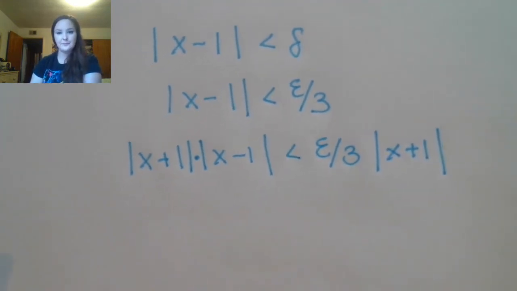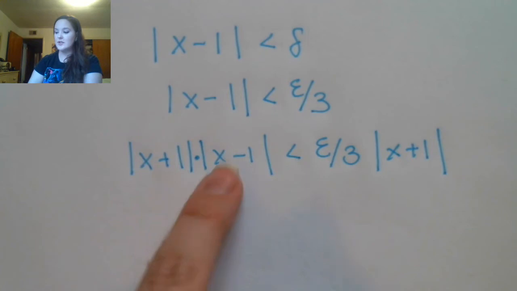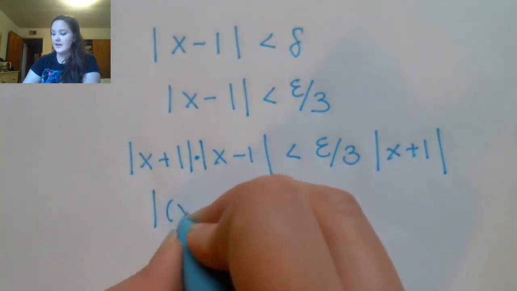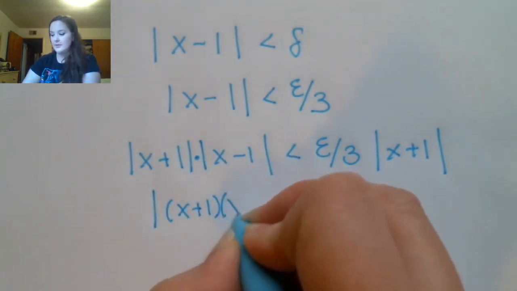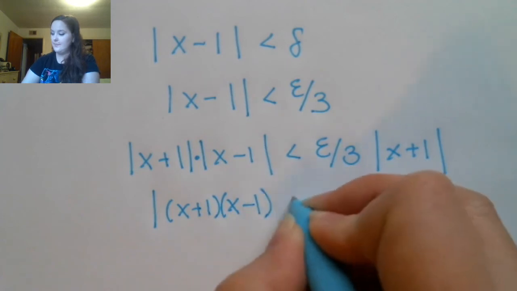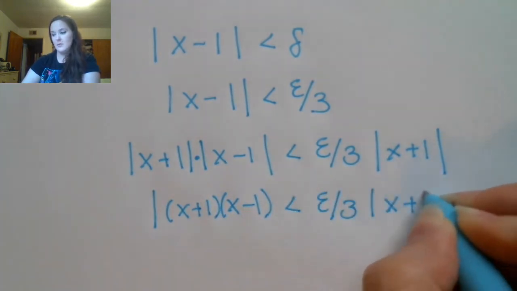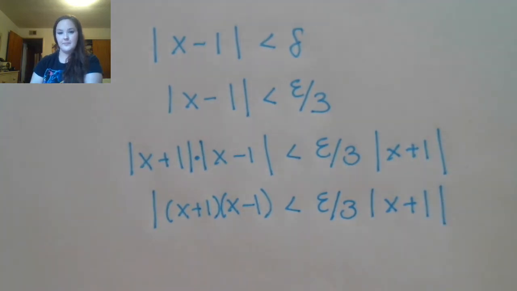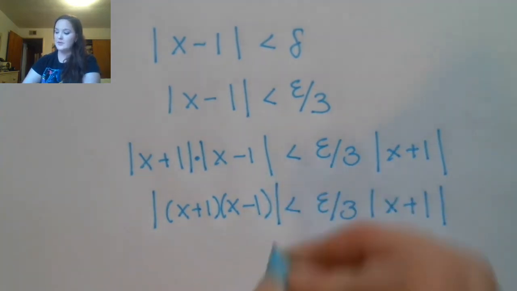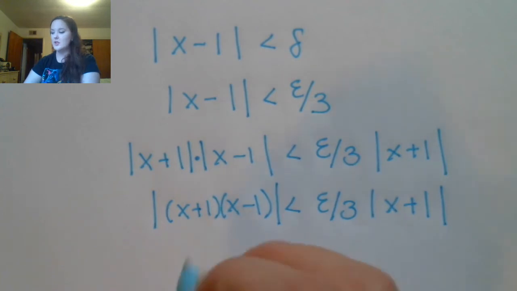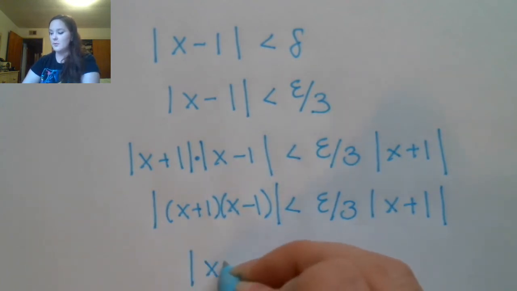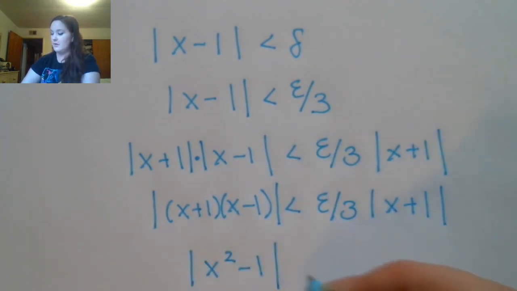Now we can simplify this to say that this is the absolute value of x plus 1 times x minus 1. Oops, I forgot one of my absolute values. Here we're going to change this side into exactly what we want, which is x squared minus 1.